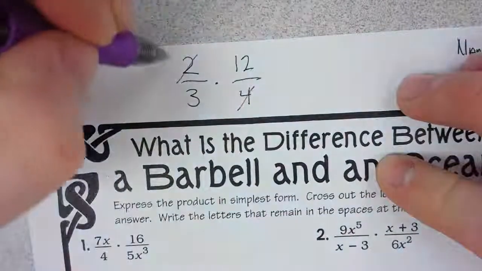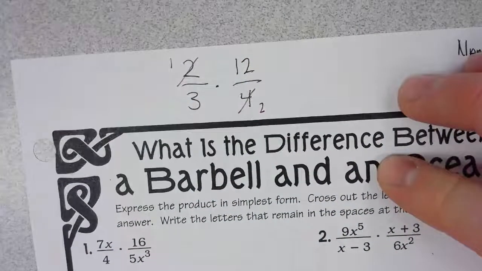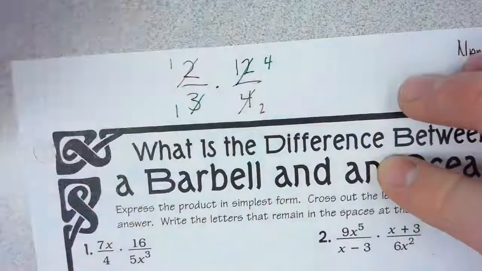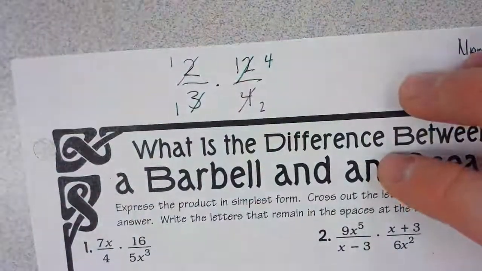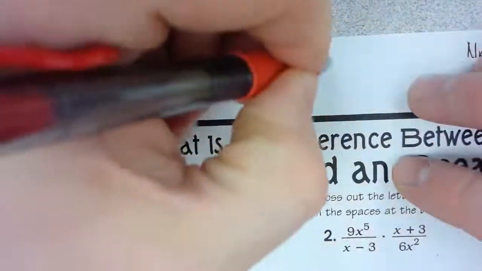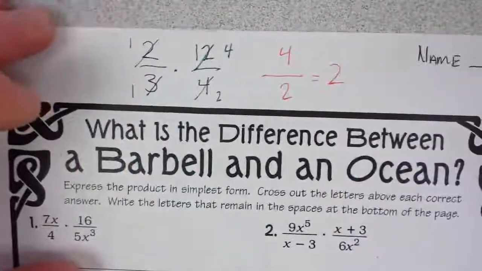These two can actually reduce to a 1 and a 2. These two right here on the bottom left and the top right can reduce to a 1 and 4 respectively. And so my final answer is just on top 4 over 2. And again, I might be able to keep simplifying that down just to a 2.